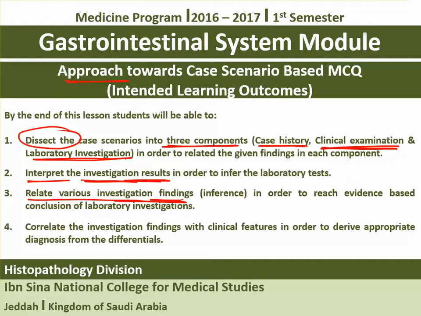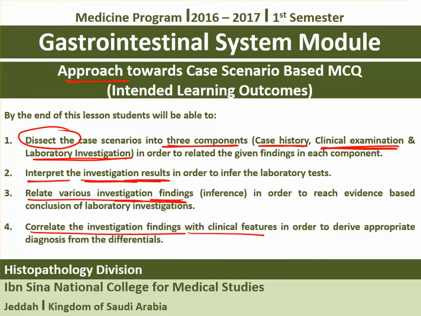Okay, then after relating all the investigations, you should be able to come to a conclusion. That conclusion is your laboratory conclusion. Then you have to correlate this conclusion with the clinical features; that is the last step, correlating the investigation findings with the clinical features.